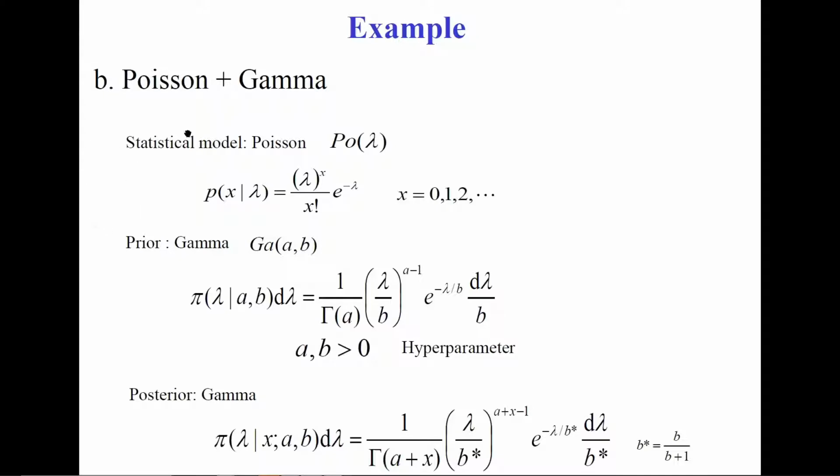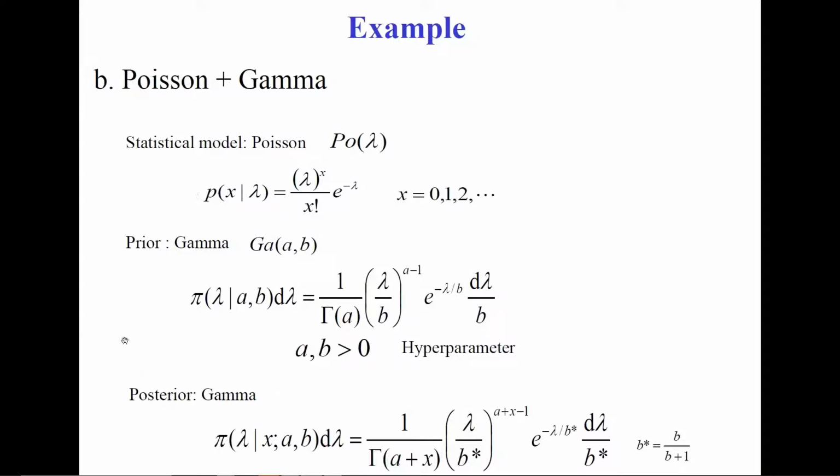Now we have a statistical model, the Poisson model. The conjugate prior of lambda, which is positive, is given by a gamma distribution. The gamma distribution has the following form. And here, again, a and b are positive hyperparameters.